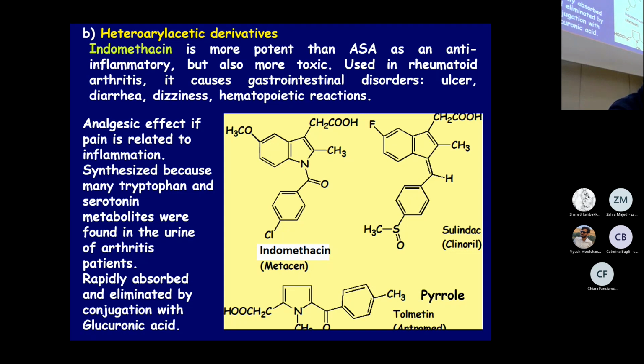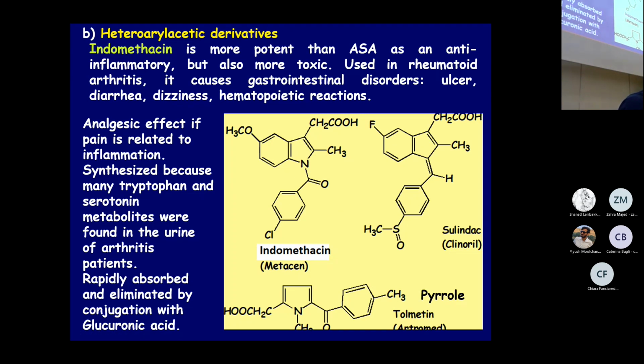In particular, we don't know if, in the active site of the cyclooxygenase, the second ring is located in the same position as the other aromatic ring in the indole system, or in the opposite part.